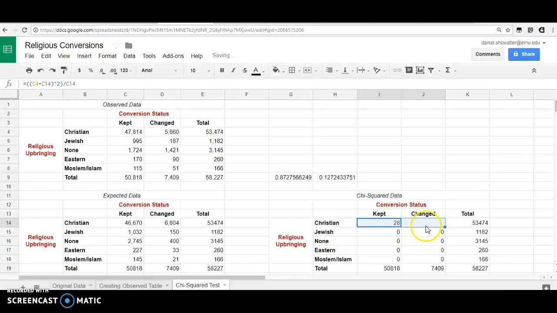And because of the way I coded those cells, we can just copy and paste all over. Okay, and let me also adjust these to be what they were originally, adding the rows and columns.